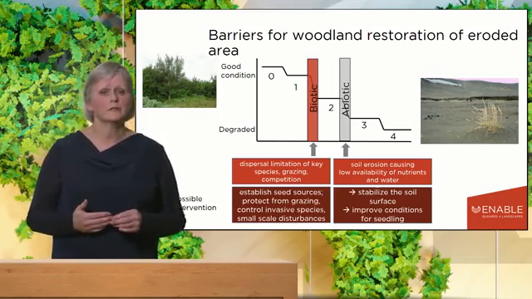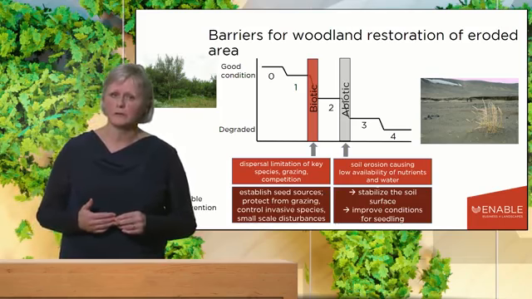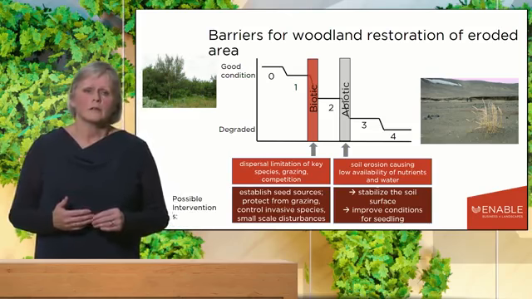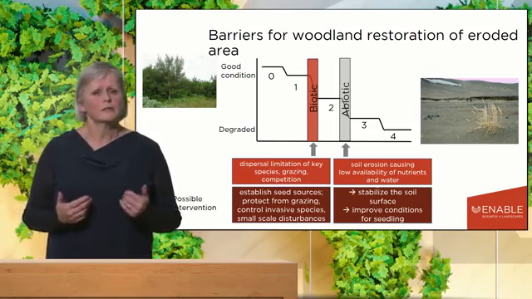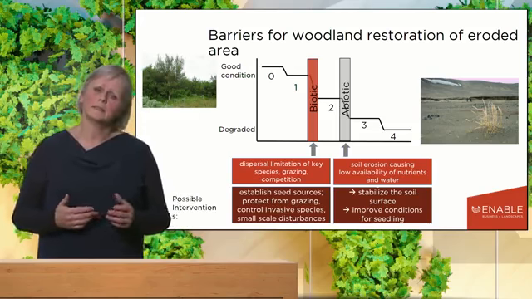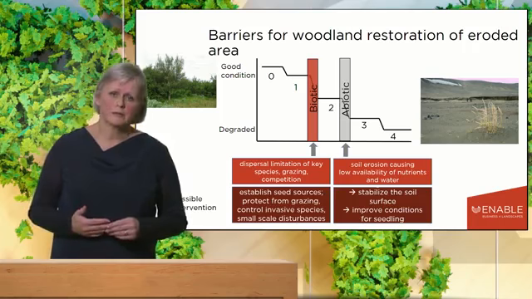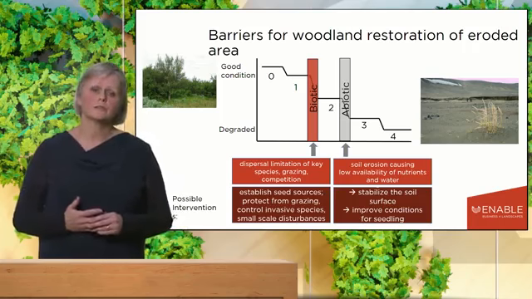This requires interventions to halt soil erosion at the onset of restoration efforts. Notice that recovery of slightly degraded land or land in stage 1 only requires improved management, which can, for example, be reduction in grazing pressure or grazing exclusion.